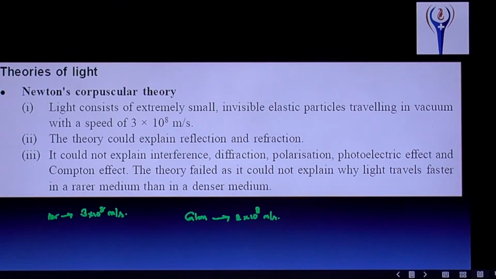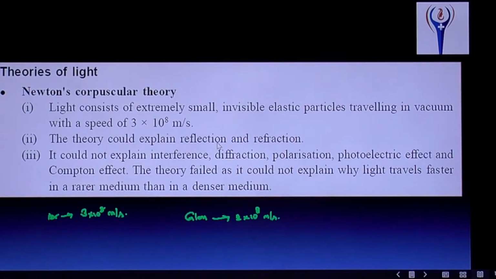And first theory is corpuscular theory, proposed by Sir Isaac Newton. According to him, light consists of extremely small, invisible elastic particles traveling in vacuum with a speed of 3 into 10 power 8 meter per second. This theory is able to explain reflection and refraction.